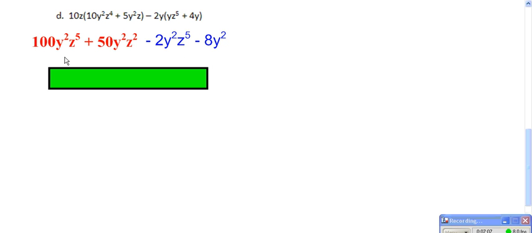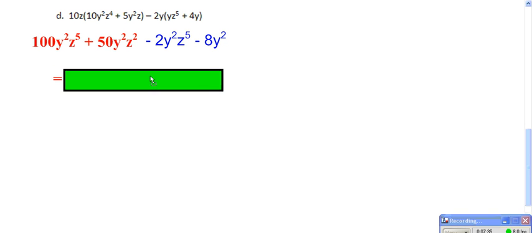Again, looking at our terms here, we are able to combine like terms. My like terms are 100 y to the second z to the fifth and negative 2 y to the second z to the fifth. The variables have identical exponents. They are like terms. You can add or subtract these. So we'd have a positive 100 y to the second z to the fifth minus 2 y to the second z to the fifth.